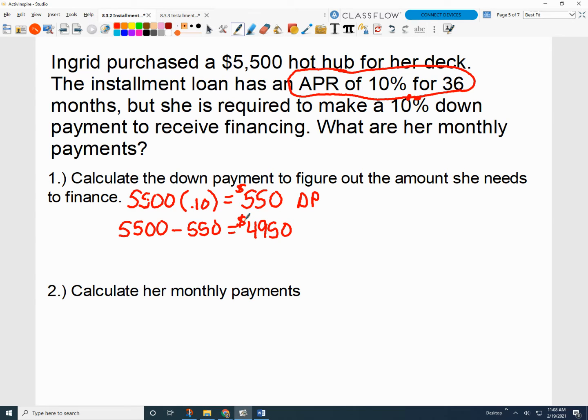Once you get that amount financed figured out, then you go back and do the process of calculating her monthly payments. We're going to take the amount that she borrows, $4,950. That's going to get divided by 100 to make it align up with the table. And then I need 10% for 36 months from the table.